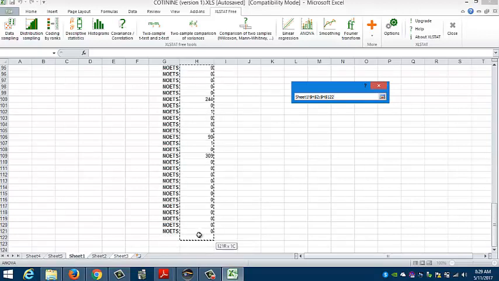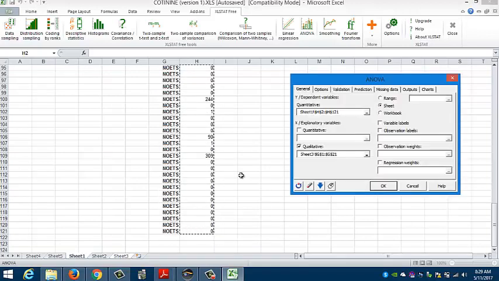I'm highlighting every number in that column, and I'm saying that's the quantitative data we're dealing with. You guys with me? No. When you click on ANOVA, you guys should see this menu. It should say quantitative data. So you want to select it.